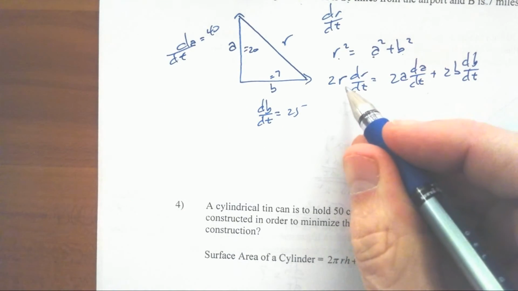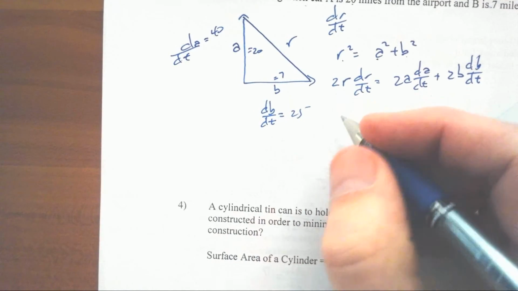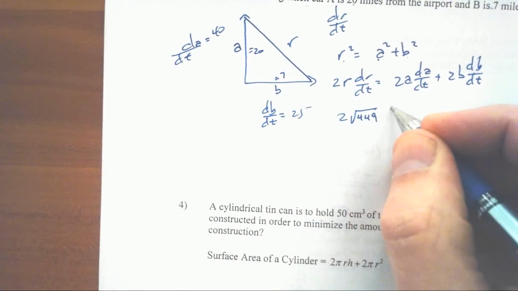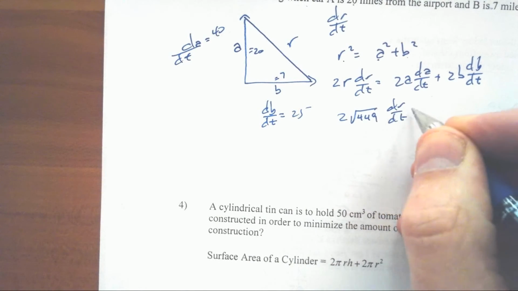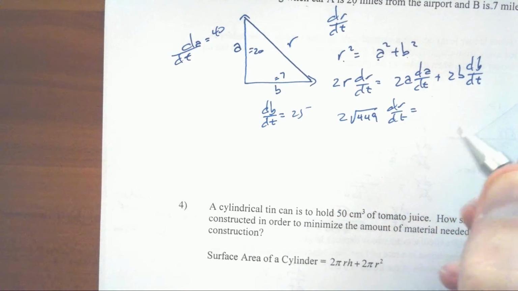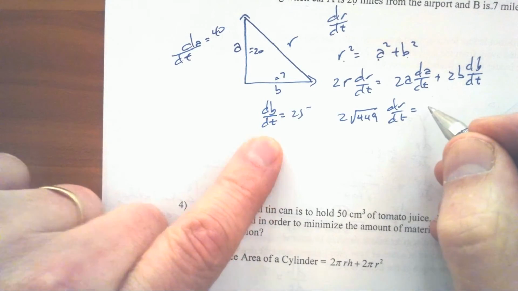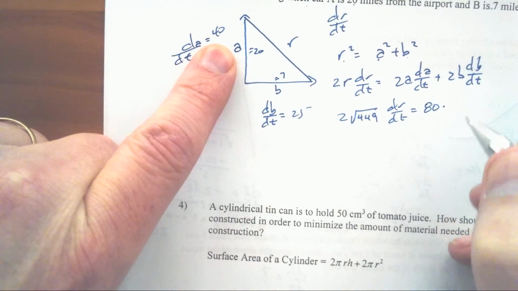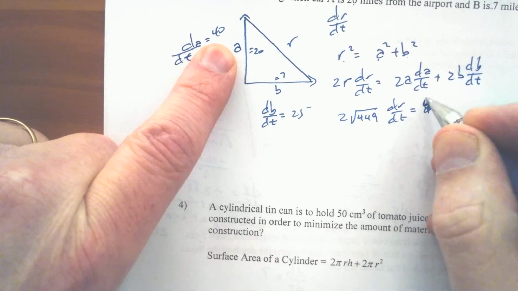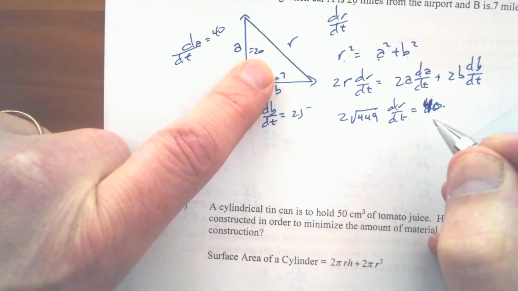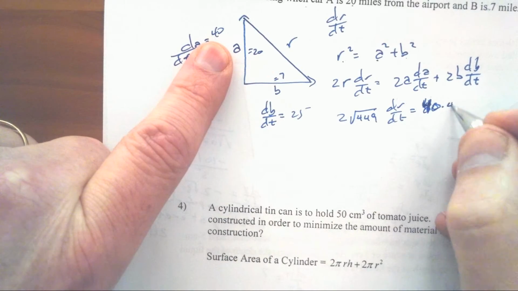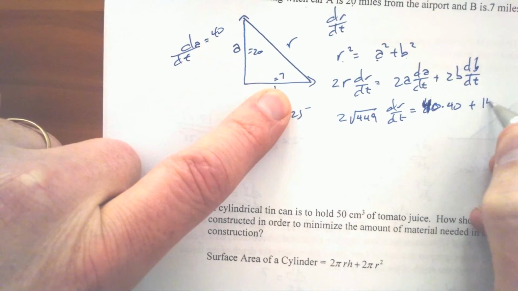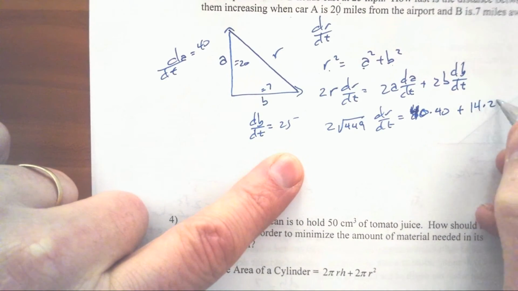So dR/dt equals 2 times A, that's 80. Oh, excuse me, 40, sorry. That's 2 times A times dA/dt, 40, plus 2 times B, 14, times 25.